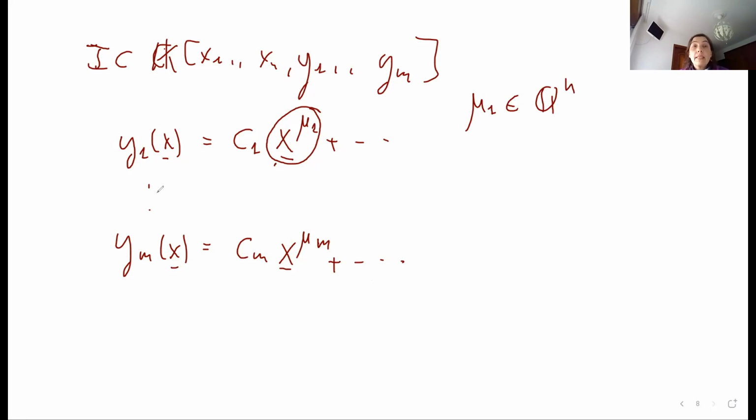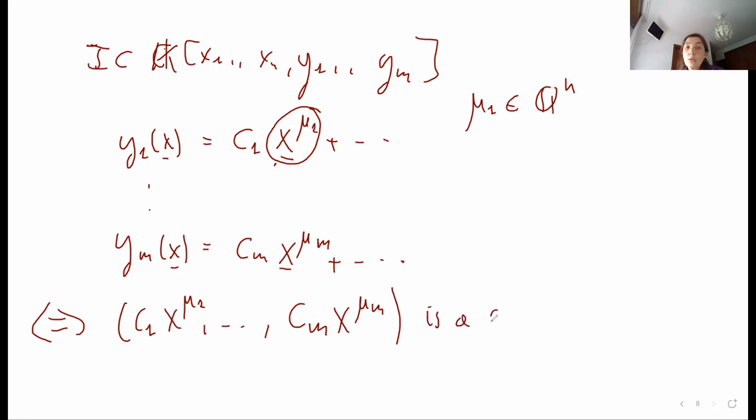There exists a solution like this if and only if the m-tuple of initial parts, c1 x to the mu1, ..., cm x to the mu_m, is a solution of the initial (omega, mu1, ..., mu_m) part of the ideal I.